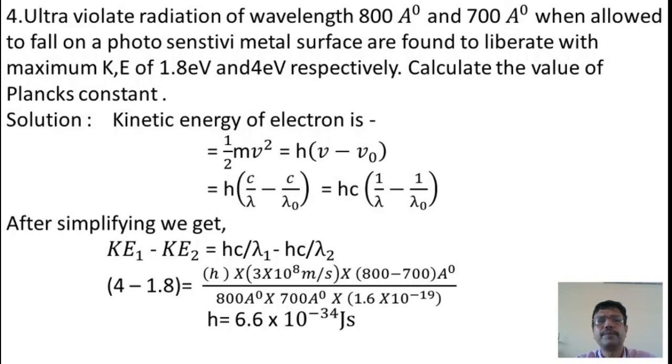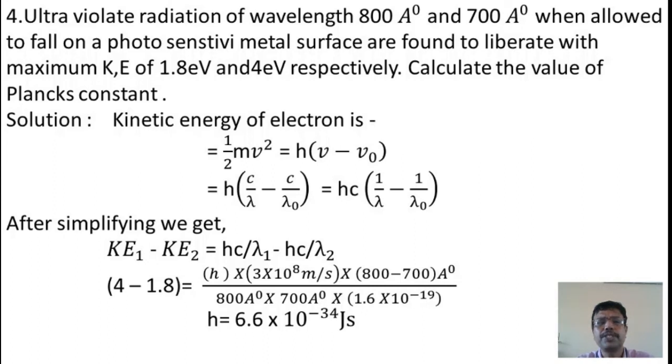Lambda 2, the wavelength of the incident radiation, again because two wavelengths are incident on the surface, is 700 angstrom. Kinetic energy 1 is equal to 1.8 electron volt. Kinetic energy 2 is 4 electron volt. So the data are lambda 1, lambda 2, kinetic energy 1, kinetic energy 2.